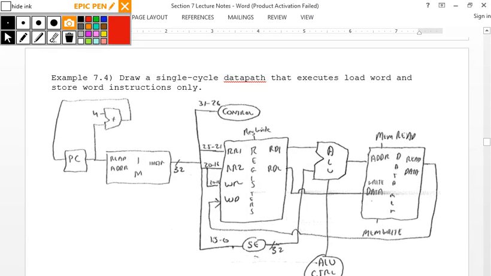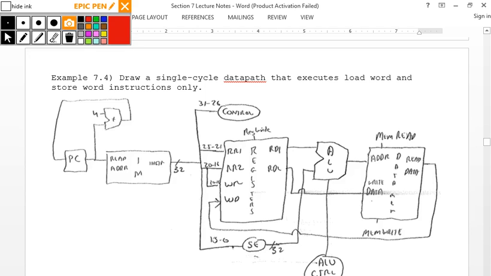This one says draw a single cycle data path that executes load and store word instructions only. So again, we need PC plus 4. We don't have a branch or a jump, so we leave that off. Instruction memory, 32-bit, controller, 25. Now here, 20 to 16, I also break off 20 to 16 into write register because that's what we'll do for load word, correct?